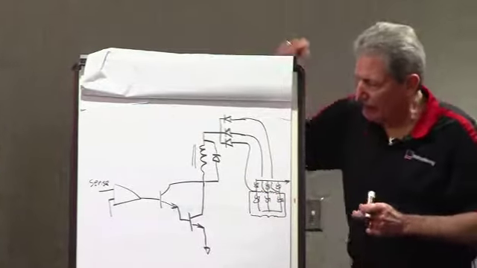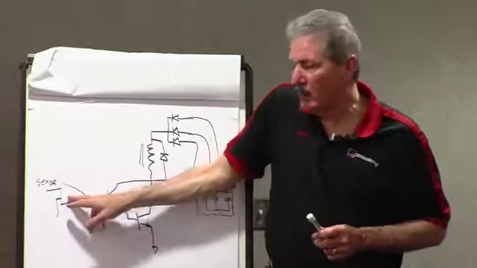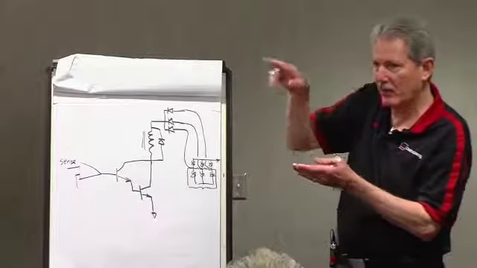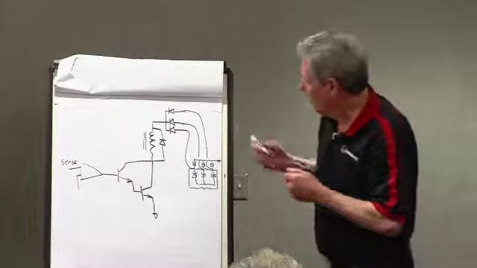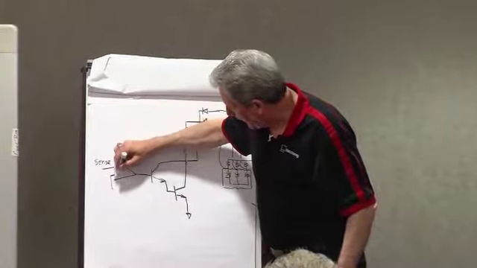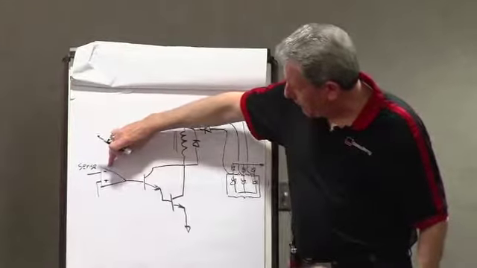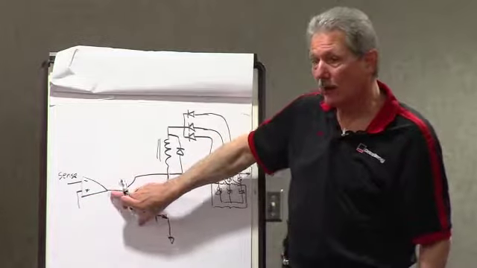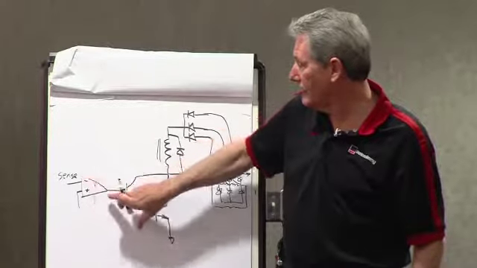Okay. This is a comparator, and a comparator is a nice device. It's real simple. It's got one output, two inputs. When the voltage on this is higher than the voltage on this, the output is low. When the voltage on this is higher than this, it's high.